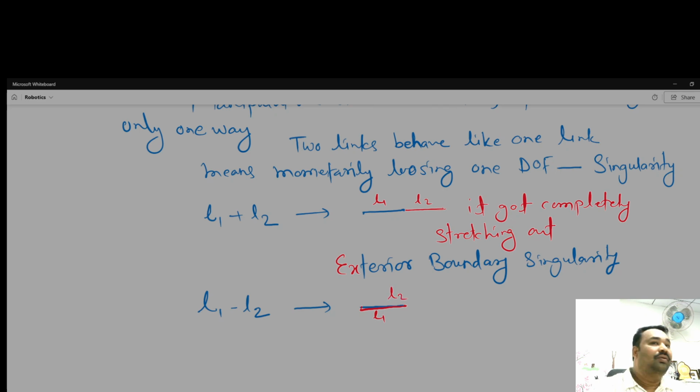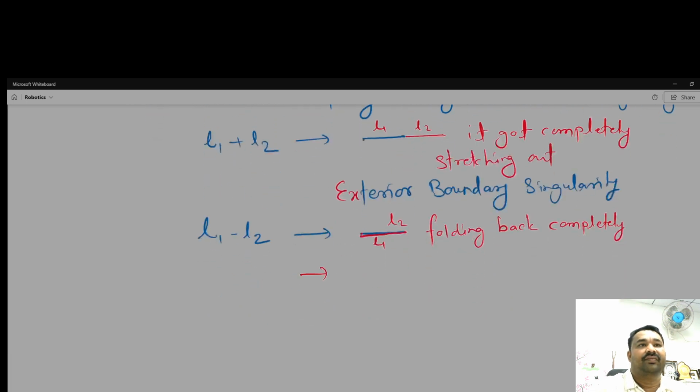L1 and L2 means folding back completely. This is known as the interior boundary singularity.